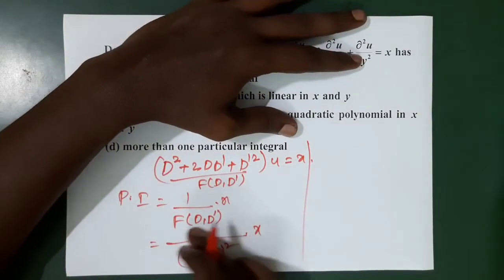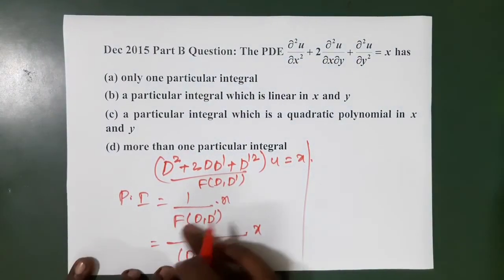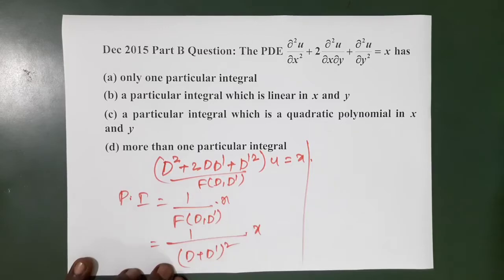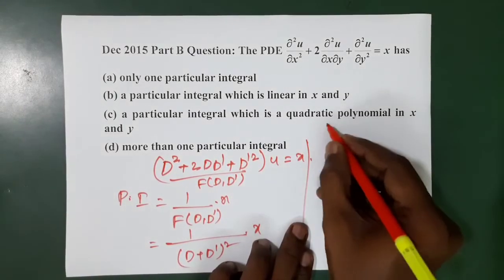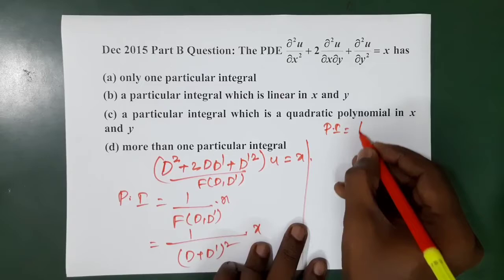So we have to expand this in the binomial expansion. So we need 1, and we can take any D or D dash outside. Here we are taking D outside.